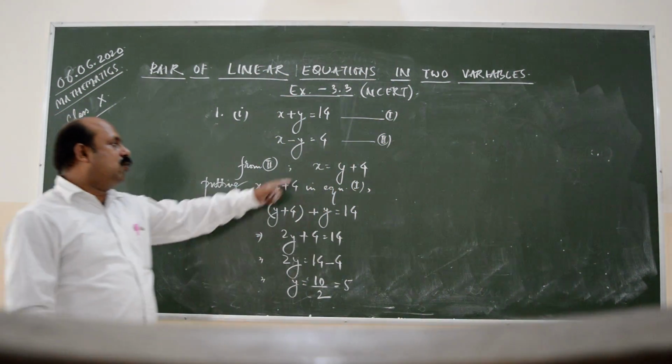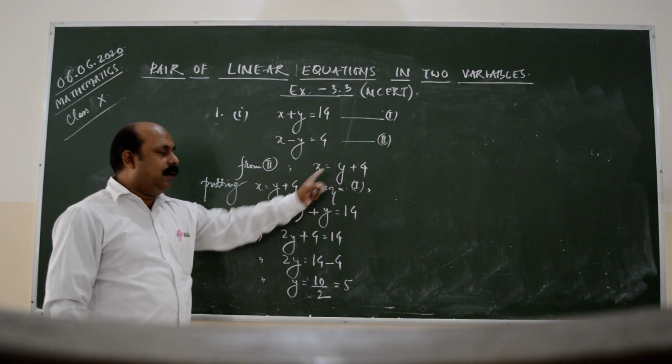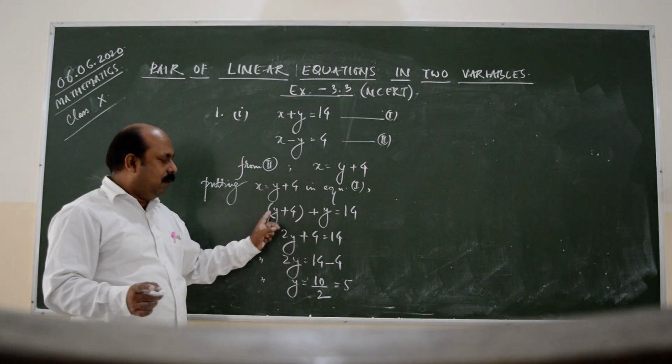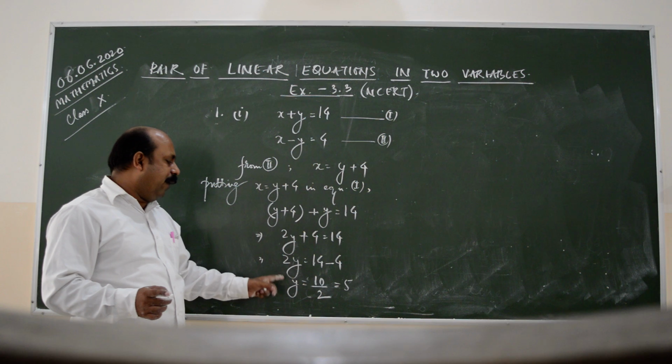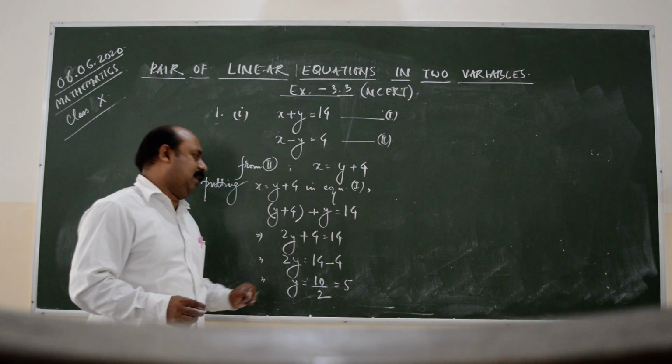So you can see as soon as we substitute the value of one variable in terms of the other, we get a linear equation in a single variable. We solve it and find out the value of one variable. Now with the help of this we are going to find x.